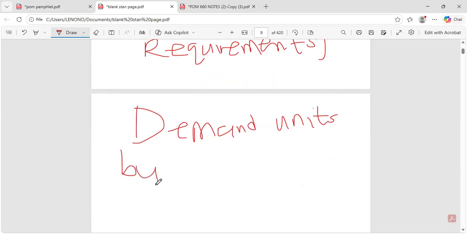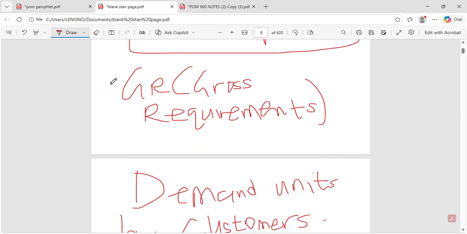So component 1 is a gross requirement, demand units by customers.